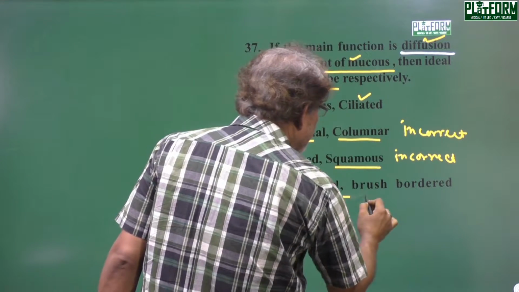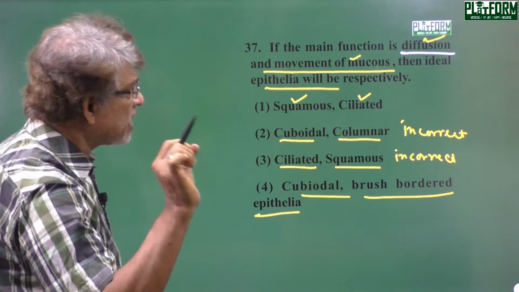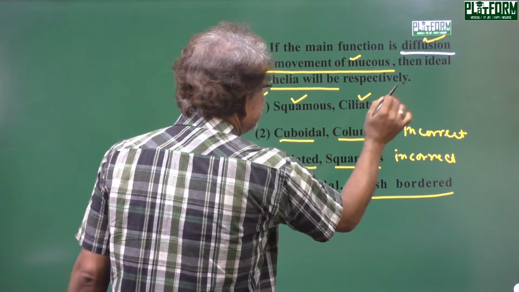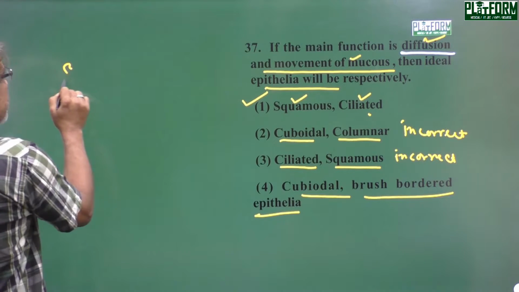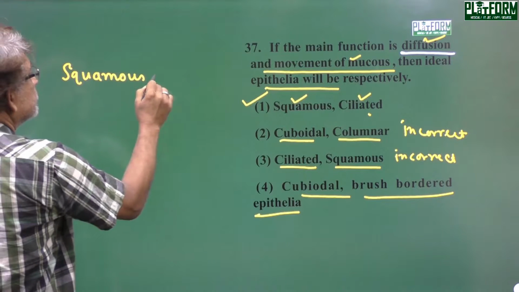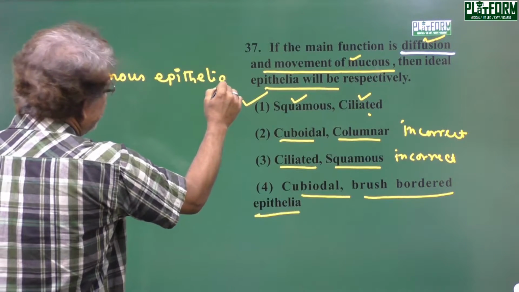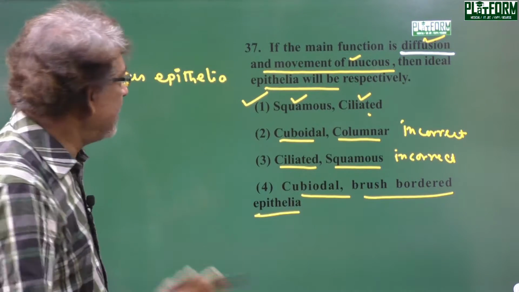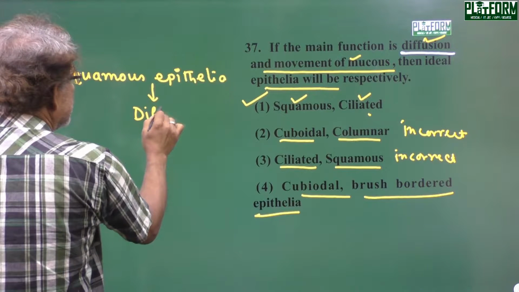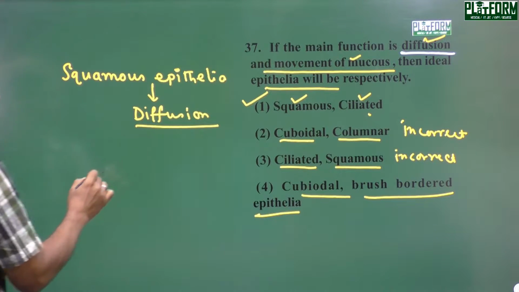And cuboidal brush bordered epithelia, it is also incorrect. So your correct answer is squamous and ciliated respectively. That is squamous epithelia. Epithelia term is plural, epithelium, helps in diffusion. What is diffusion?